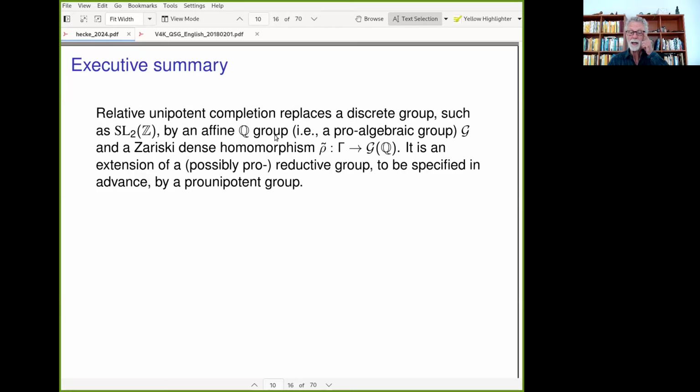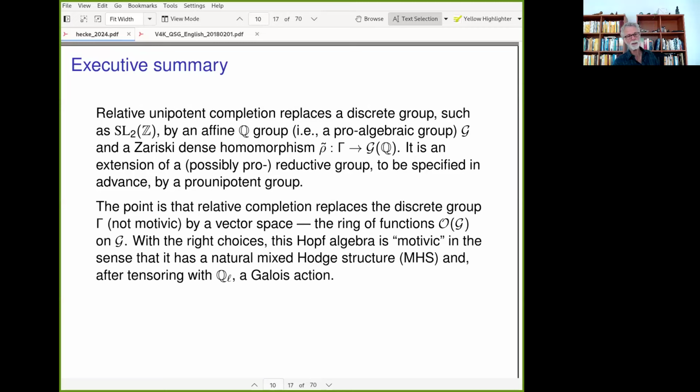We're going to see a natural example in a few minutes, to be specified in advance. So every affine group is an extension of a pro-reductive group by a pro-unipotent group. And what we're doing is specifying what the pro-reductive quotient should be.